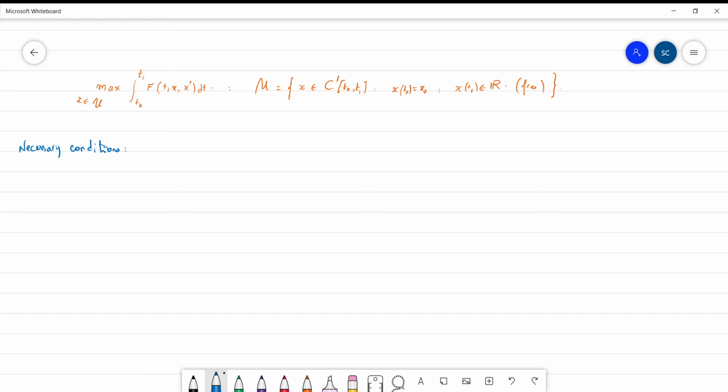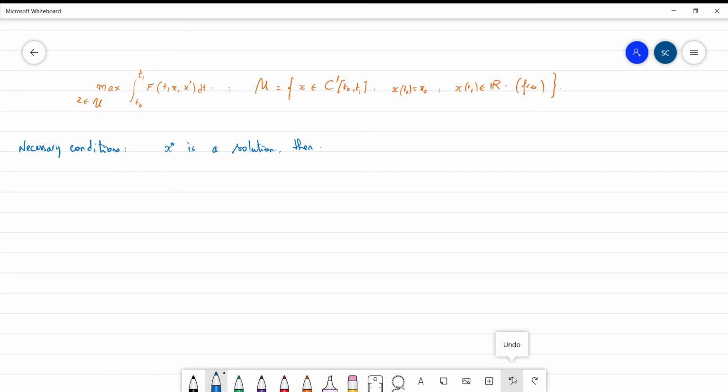If x star is a solution of the problem in U, then necessarily the Euler equations are satisfied.